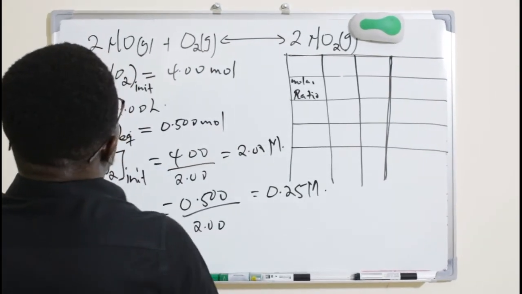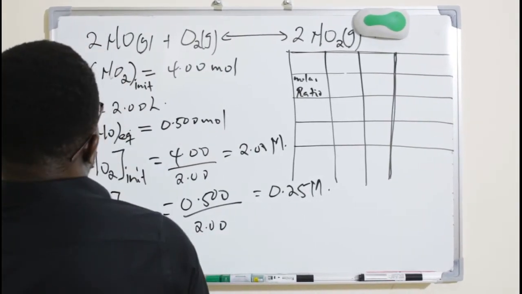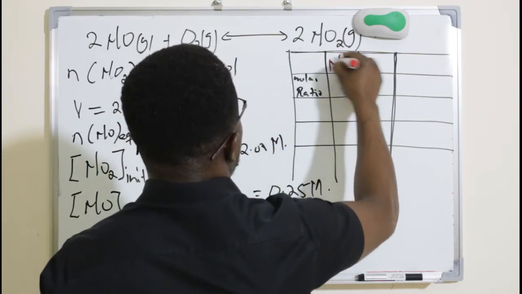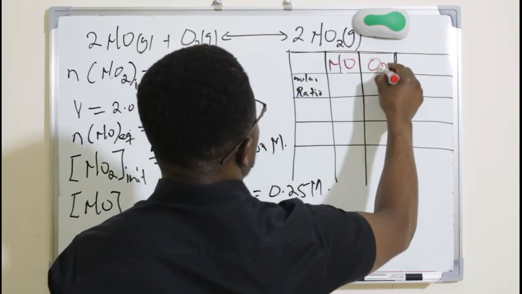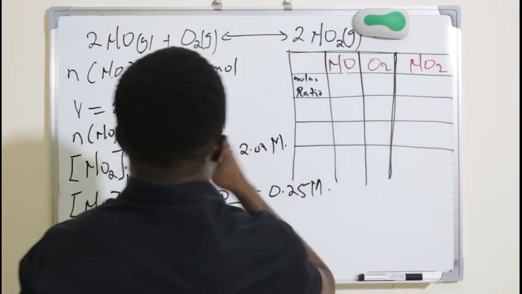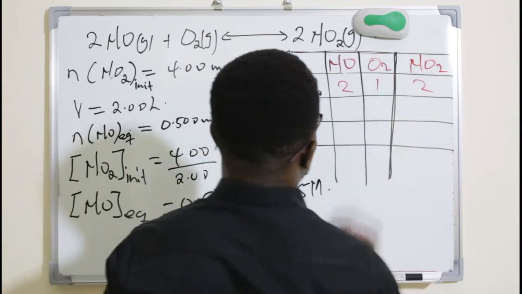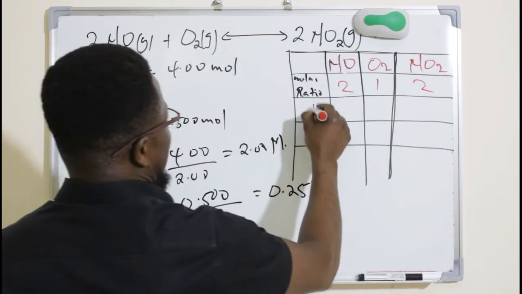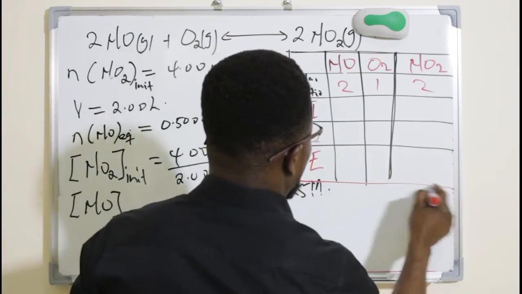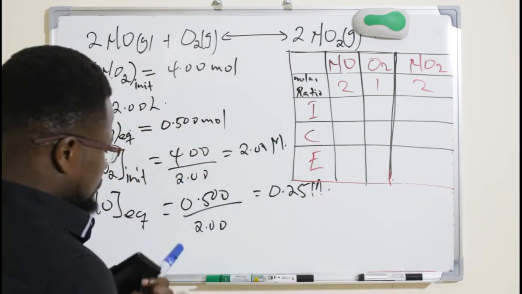We check the ratios and we can see that what we have is NO, O2, and NO2, and the ratios are 2, 1, 2. So ice table. Now I need to complete the table from here.